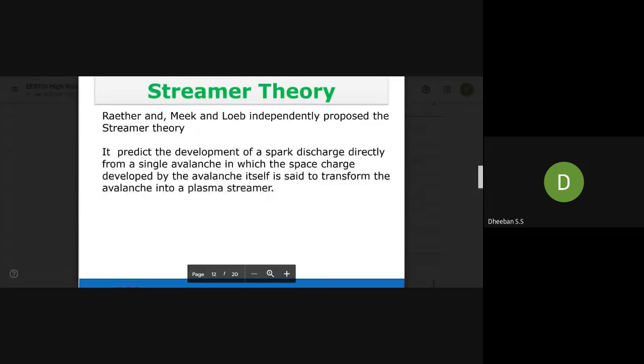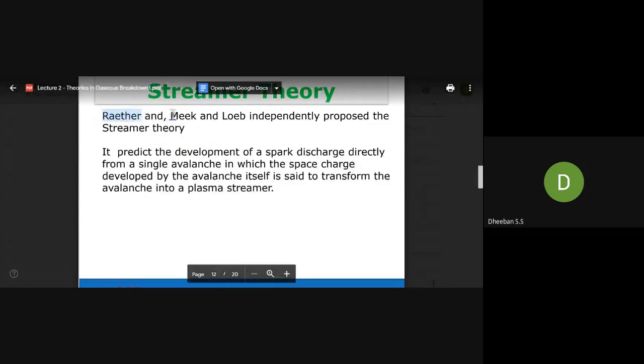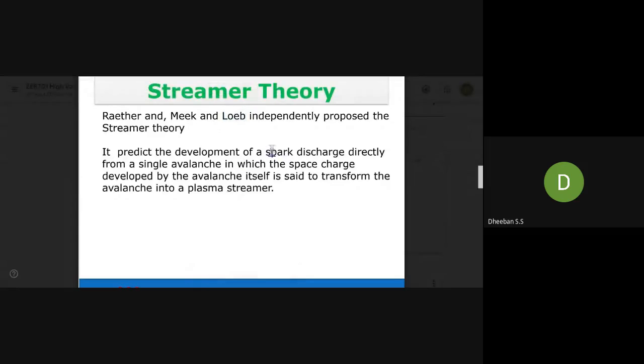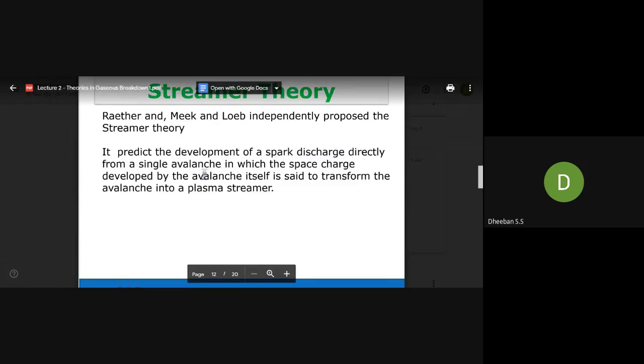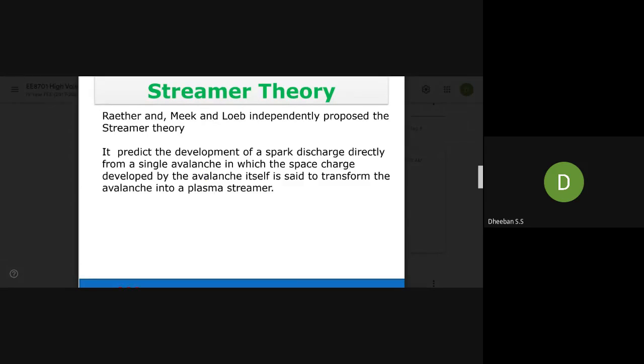So your streamer theory takes place in the non-uniform field, whereas your counterpart Townsend theory takes place in a uniform field. Okay. So who proposed this theory was Raether, Meek and Loeb. What they said was to predict the development of spark discharge directly from a single avalanche. Okay. So this is what you have to know.